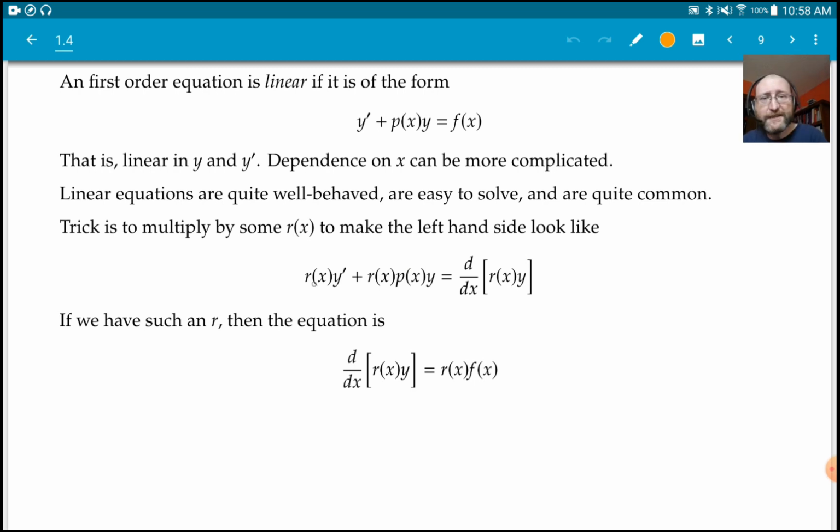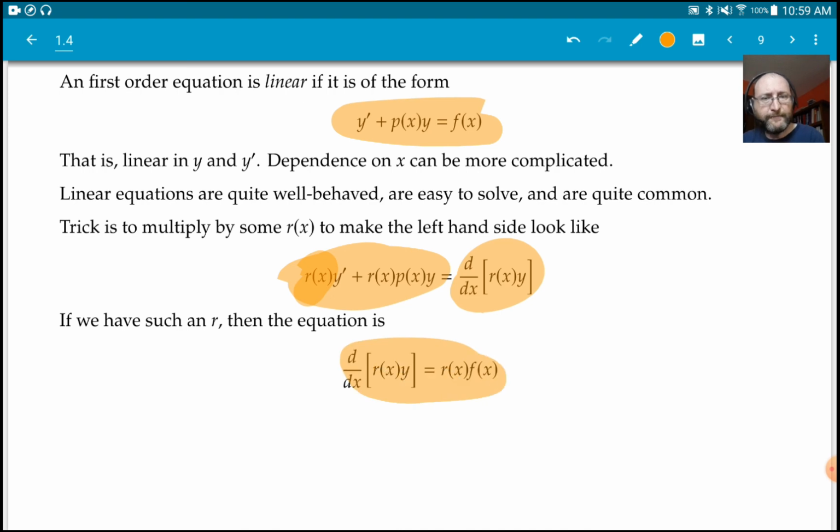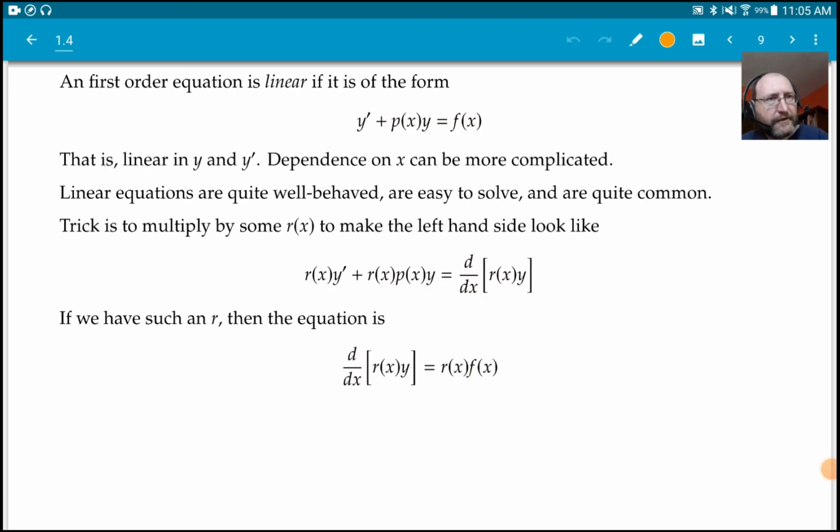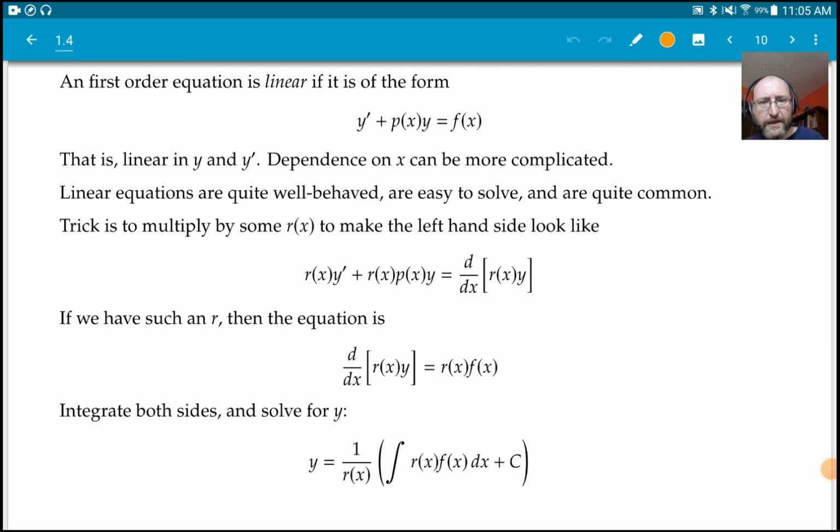So if we can find such a function r of x, and if we can multiply everything by r and rewrite the left-hand side like this, our equation just becomes the derivative of r of x times y equals r of x times f of x. And then we can just integrate both sides of this equation.